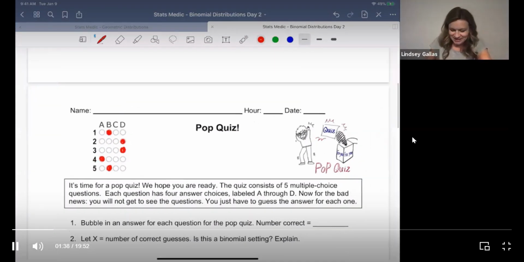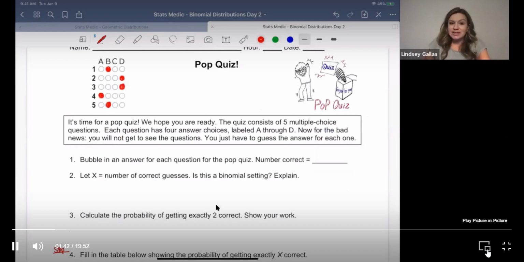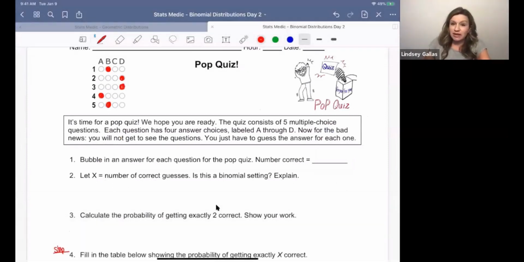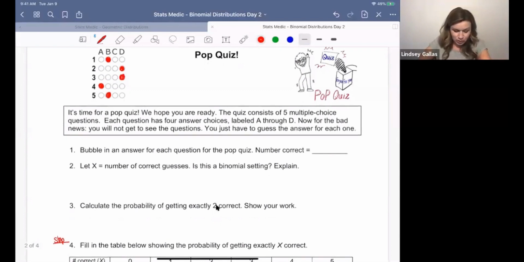Okay, now obviously this pop quiz is just for fun, but what it's helping us to think about today is the probability of getting a certain number correct based on if you were just guessing. So what I'd like you to do right here is you are actually just going to work through questions 1, 2, and 3. So on number 1, you're just putting in the number you got correct on your quiz. And number 2, determining whether or not this is a binomial setting. And as mentioned, we talked about that in the last lesson.